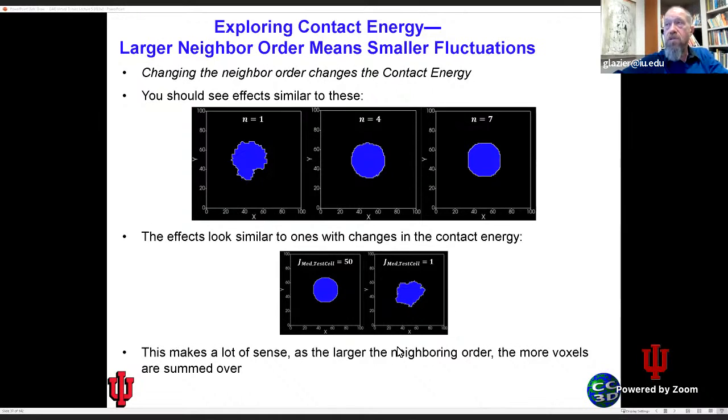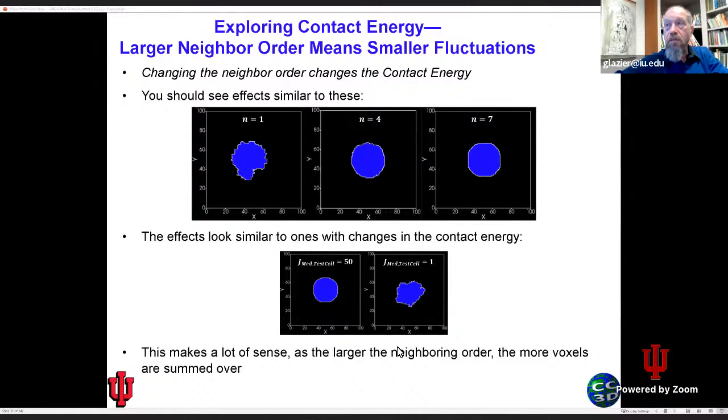And so one thing that you'll see is that as you increase the neighbor order, the contact energy becomes larger. And that means the contact energy relative to the fluctuation amplitude becomes larger, which means fluctuations become smaller.